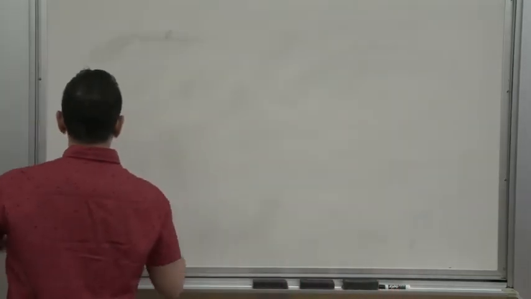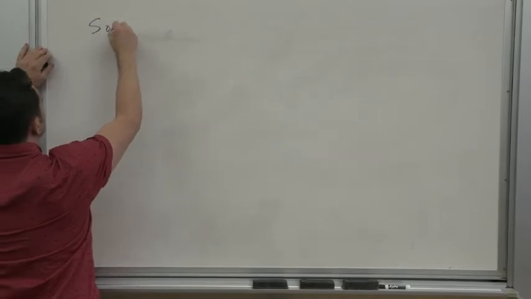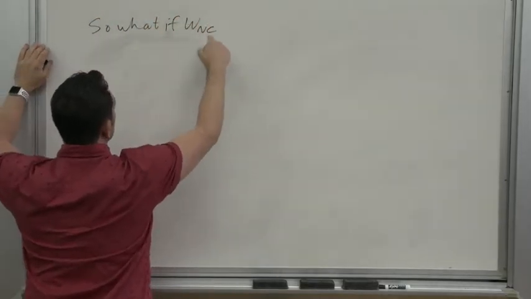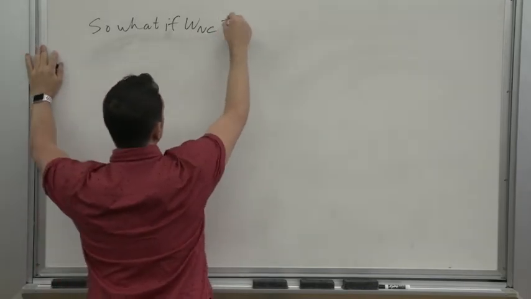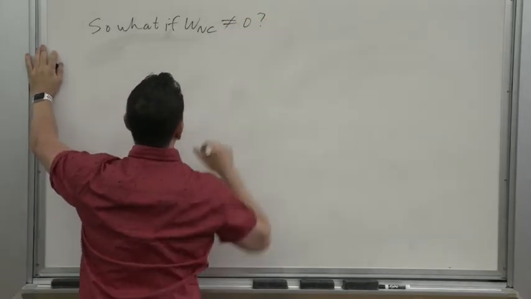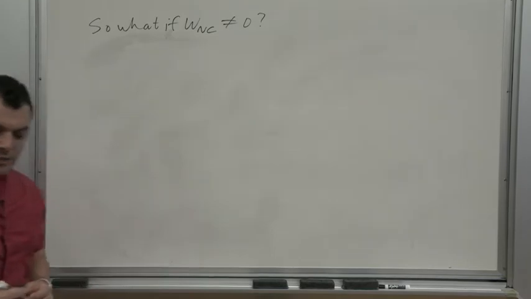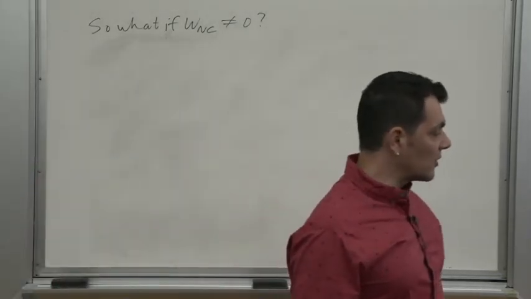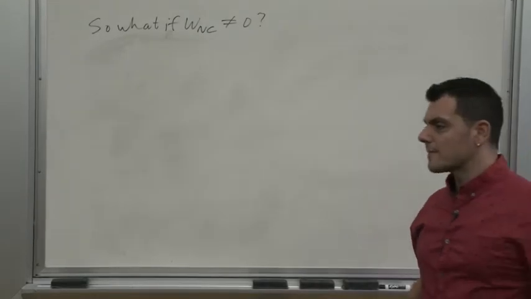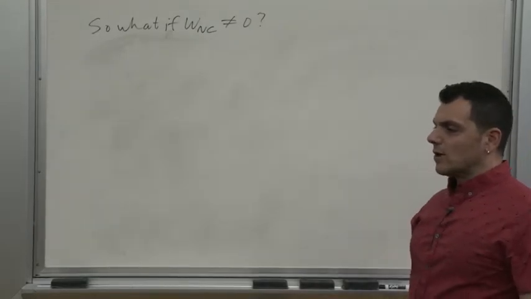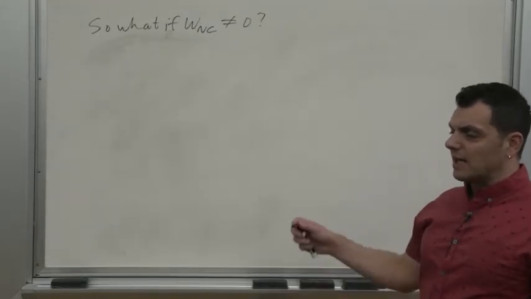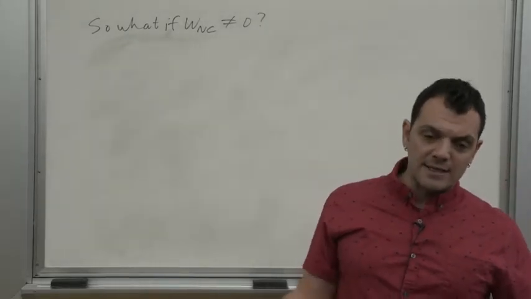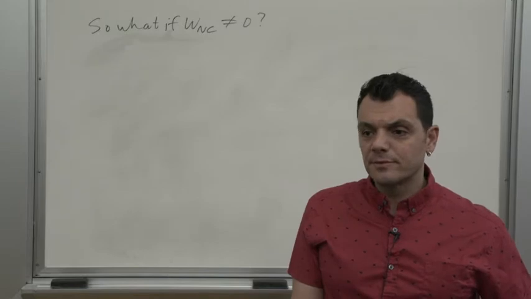So what happens if work non-conservative is not equal to 0? What if, for instance, friction is in the picture? Or what if, for instance, a mass is being pulled by a string instead of the mass swinging?